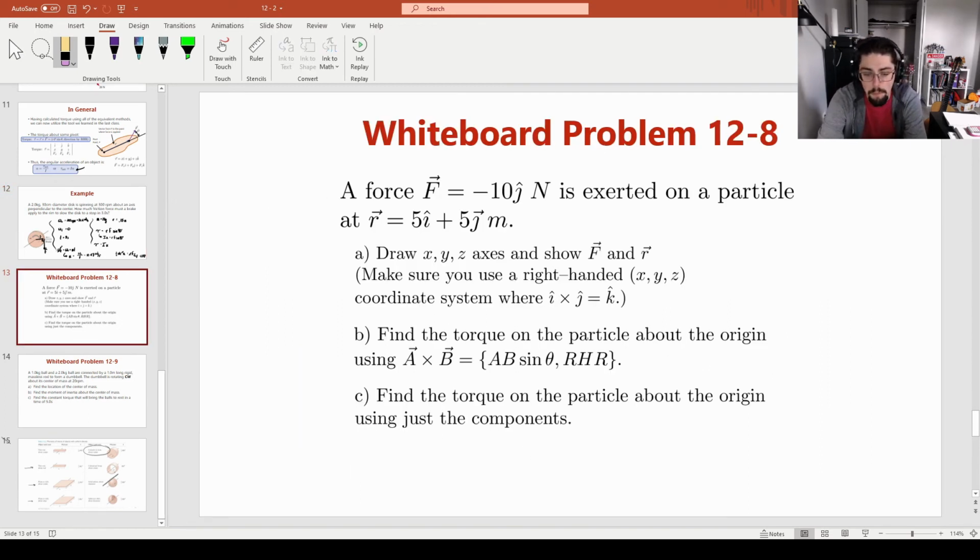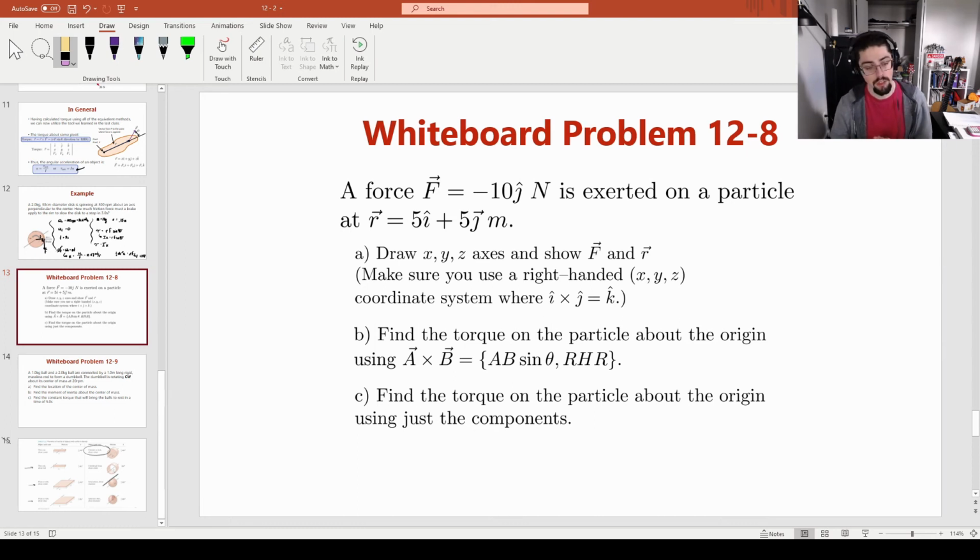Let's imagine this, though. We've got this force acting at this radius. Draw it out. Start with that, of course. Draw it out. Find the torque. Start by doing A cross B is equal to AB sine of theta. Make it a little bit easier, right?